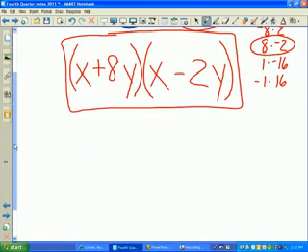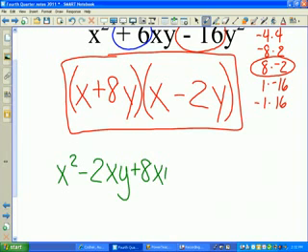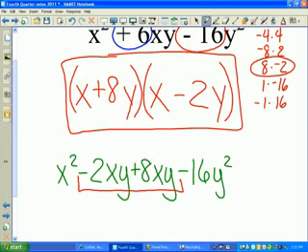Because when I distribute, remember, we're doing multiplication. So when I distribute this x, I'll have x squared minus 2xy. Remember, we're multiplying. So when we're multiplying, we're putting those products together. Now I'm going to distribute the 8y, which gives me plus 8xy. Remember, there's no order when it comes to the multiplication, minus 16y squared. Right here in the center are my like terms.